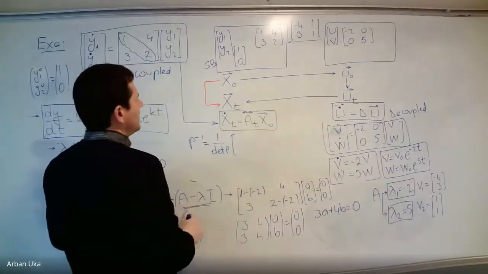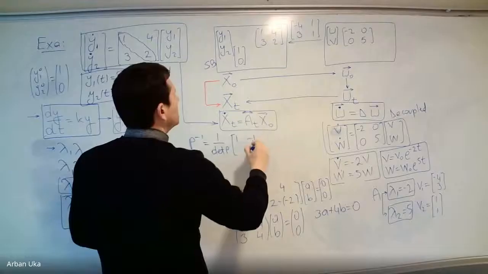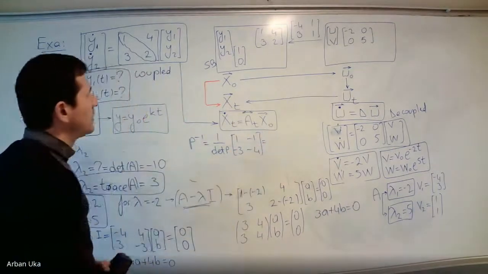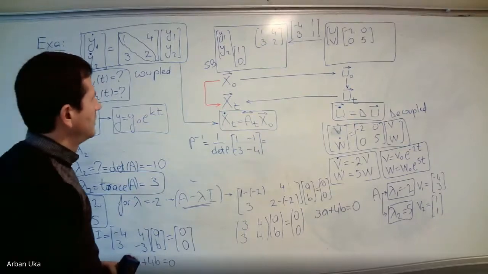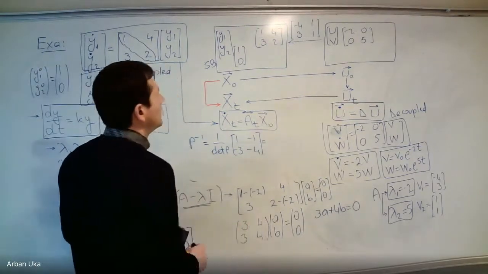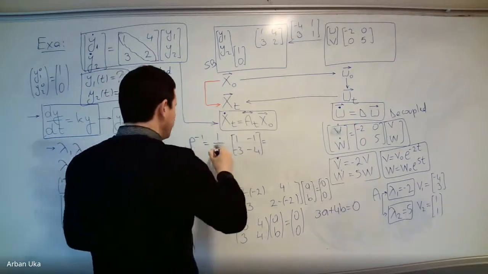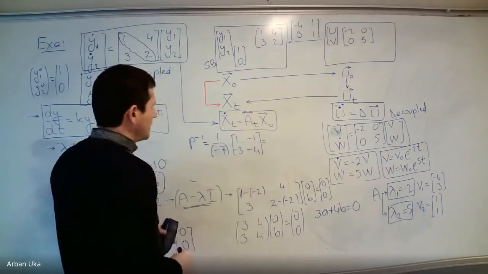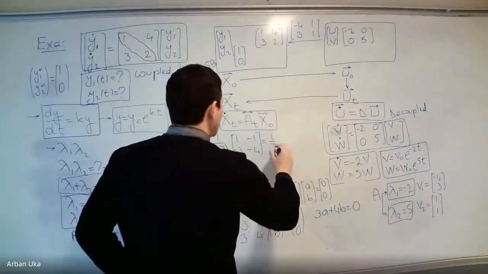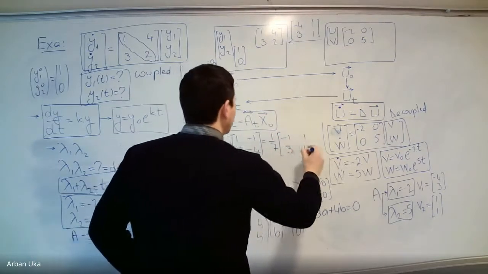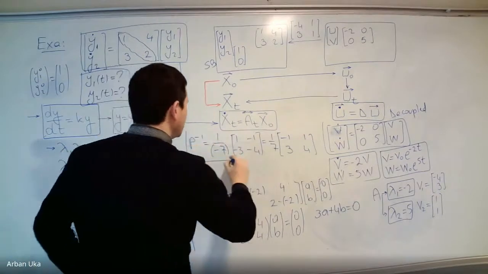And then we exchange 1 with minus 4, minus 1, minus 3. And this is going to be 1 over minus 7. Then let's divide here by minus 7. Then we get the following: this will be 1/7 times minus 1, 1, 3, 4. That's good, we found the P inverse.